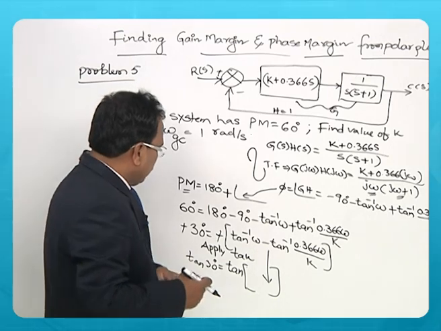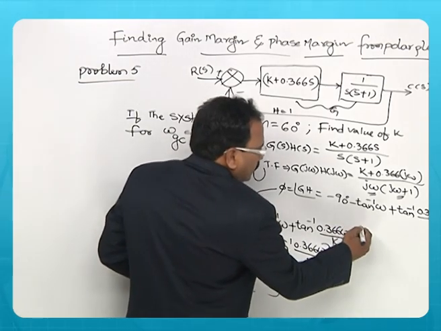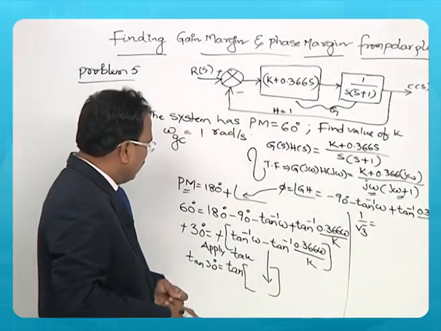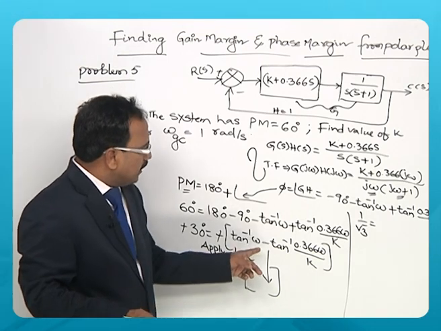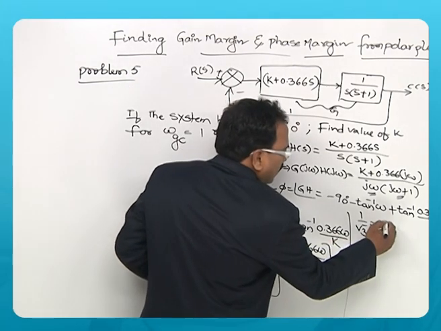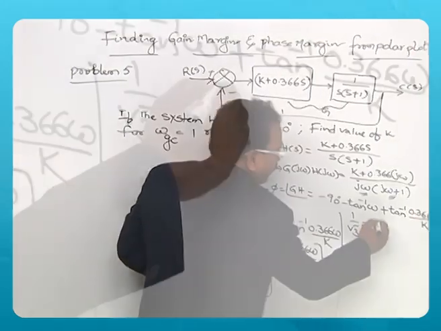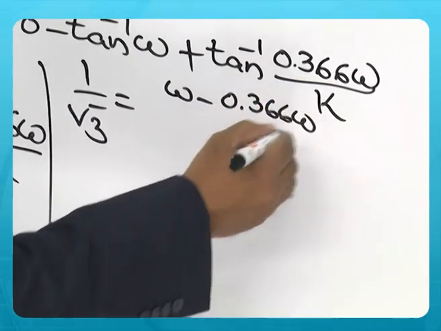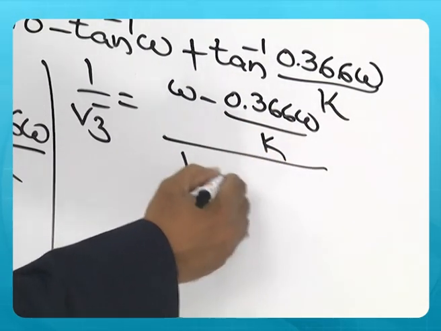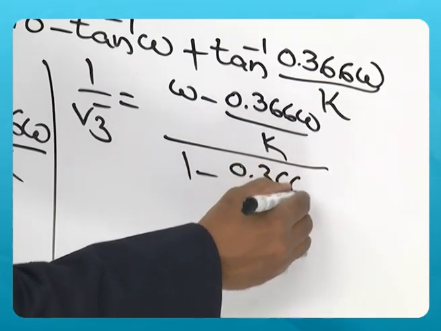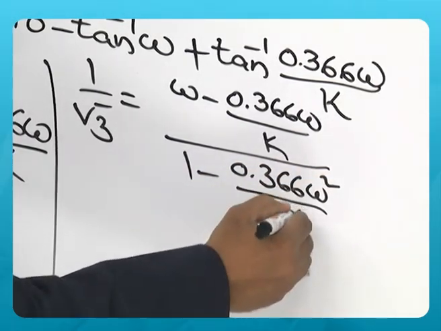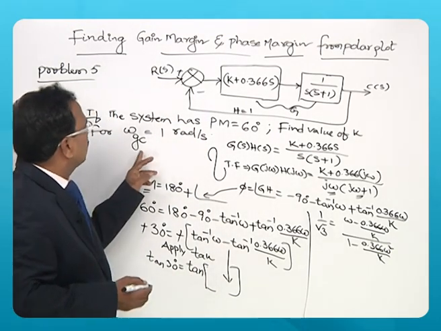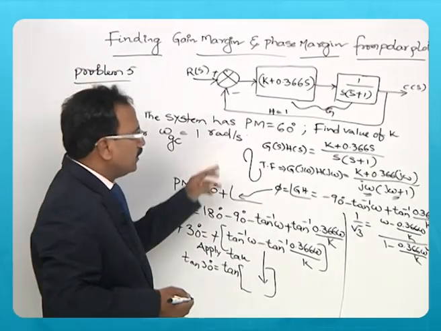The tan 30 is 1 by root 3, and tan of tan inverse becomes omega minus 0.366 omega by K, divided by 1 plus 0.366 omega square by K. Here omega is given: the gain crossover frequency is 1 radian per second.